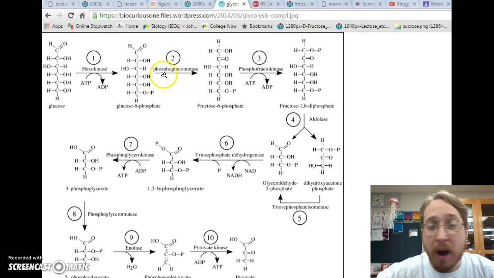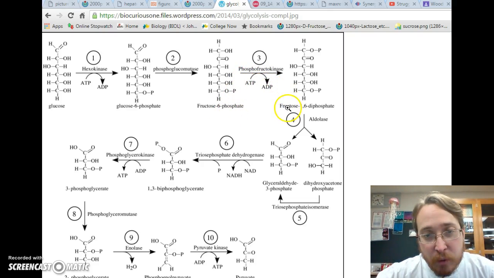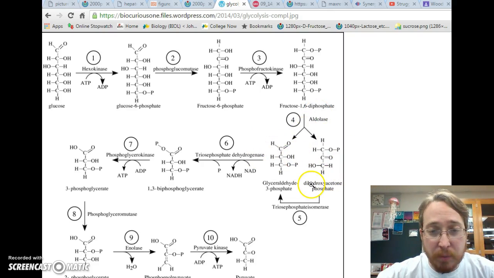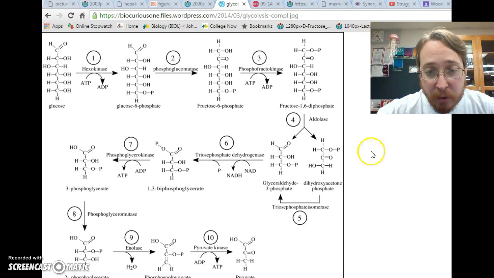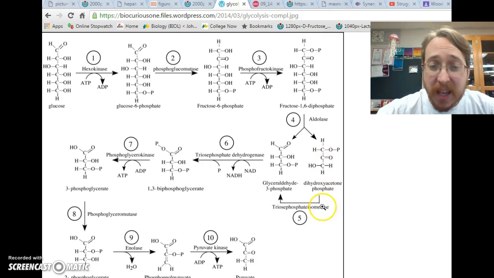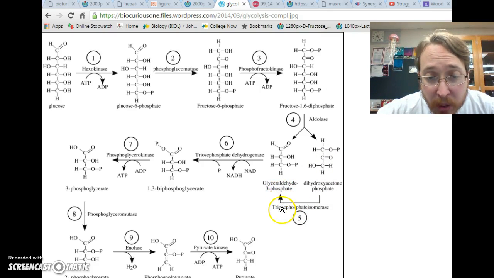And so then we have another enzyme, phosphoglucomutase, which changes it to fructose 6-phosphate, and then we have phosphofructokinase, which changes it to fructose 1,6-diphosphate, which we then have an enzyme aldolase, which breaks this up into two different particles, glyceraldehyde 3-phosphate and dihydroxyacetone phosphate, which, by the way, dihydroxyacetone phosphate can isomerize itself into glyceraldehyde 3-phosphate.